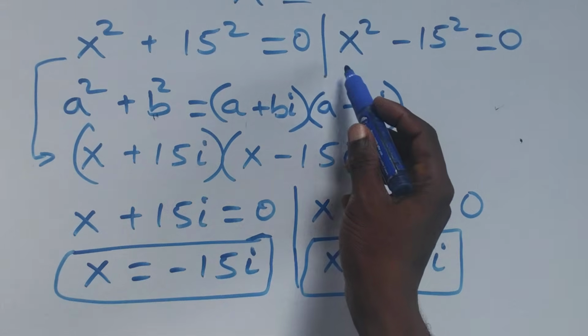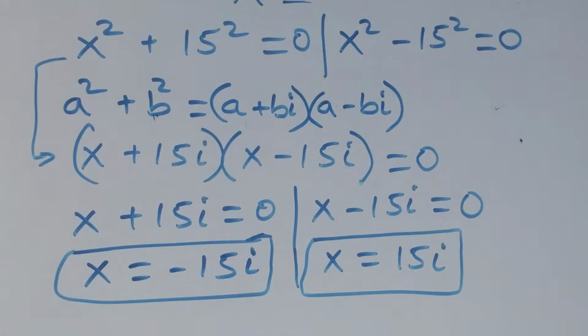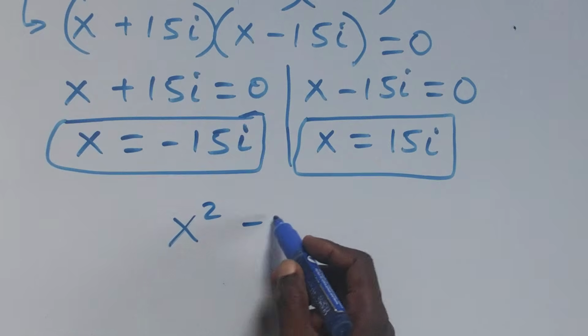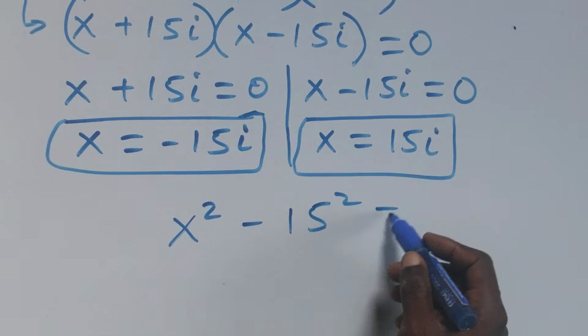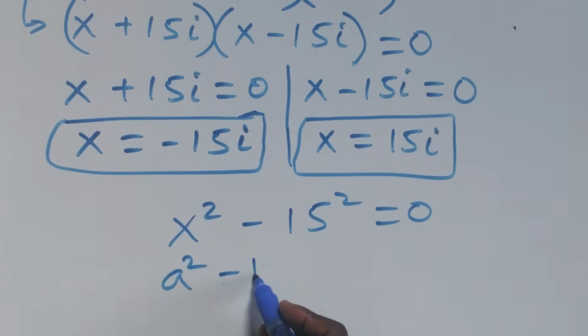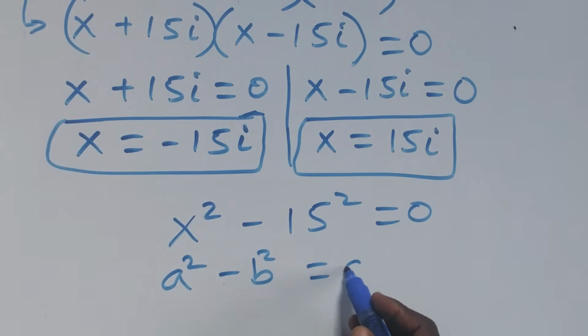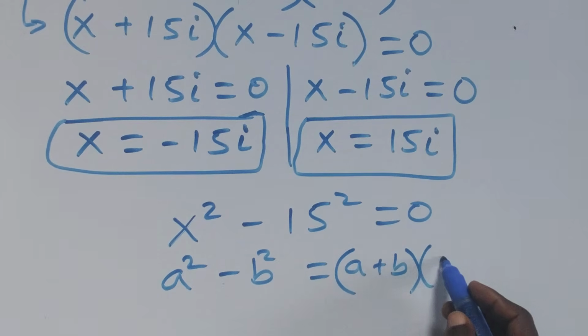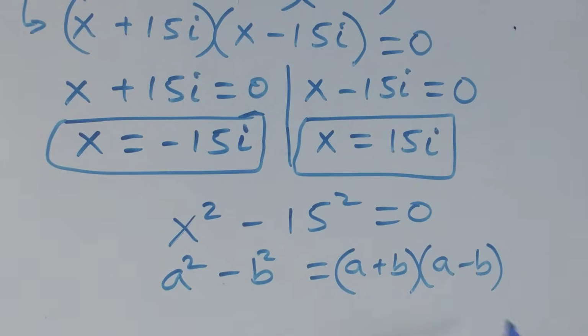Then from the second case, that is x square minus 15 square equals 0, this also follows when we have a square minus b square, the same thing as (a plus b)(a minus b).